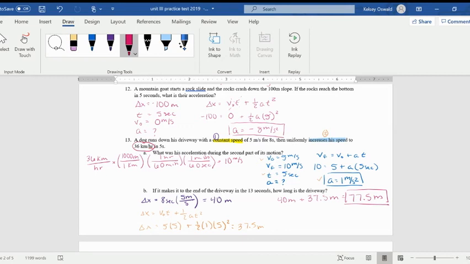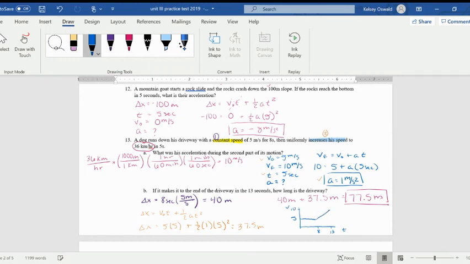Another way that we could solve this one is by graphing. If we were to create a velocity versus time graph, we know for the first 8 seconds, he's running at a constant velocity of 5 meters per second. And then in the next 5 seconds, so after 13 seconds in total, his final velocity is 10.